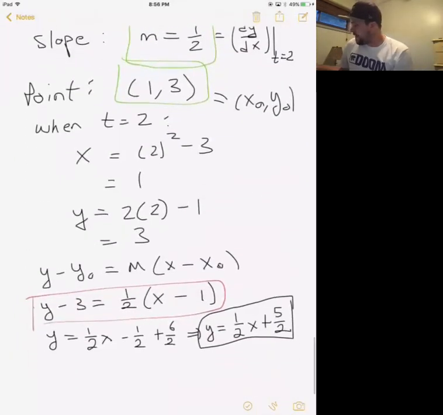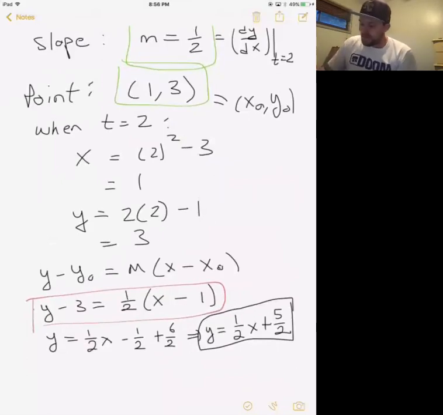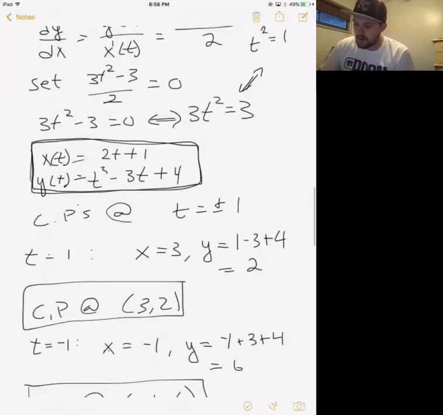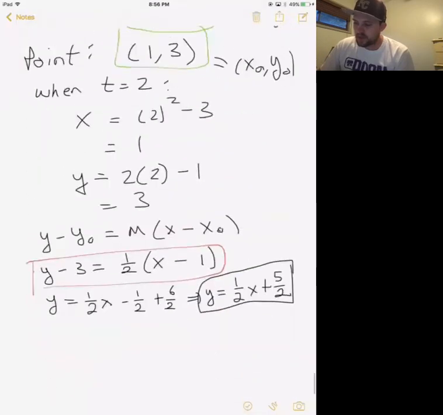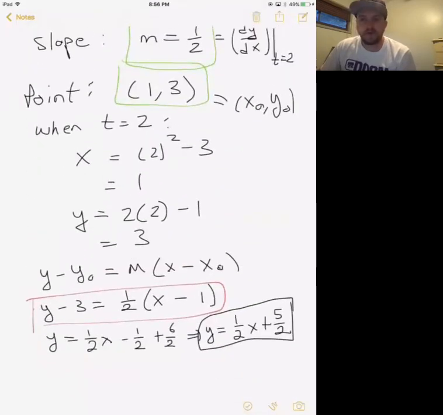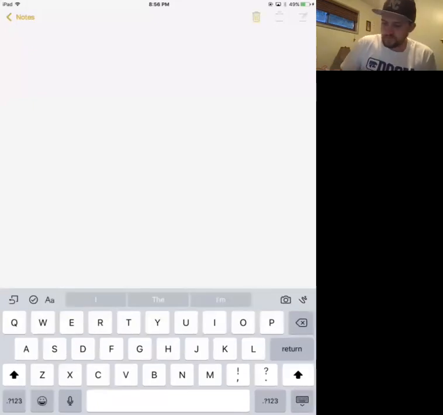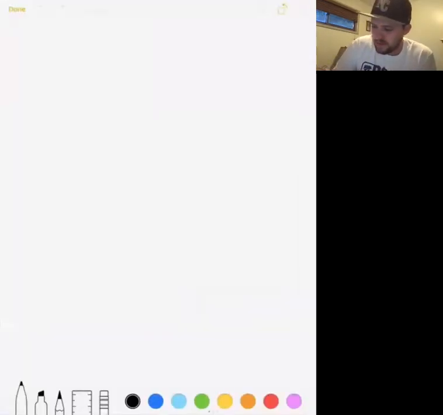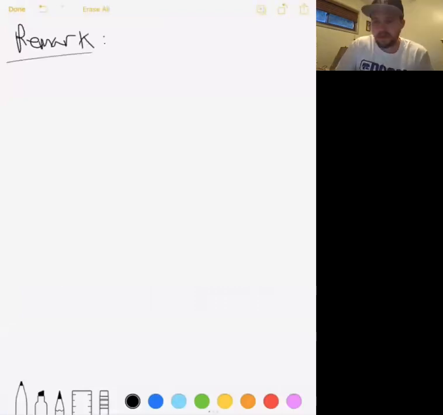That concludes what I wanted to say about the first derivative of parametric equations. And I want to make one quick remark. The remark is that we can define second derivatives and higher order derivatives of parametric curves.